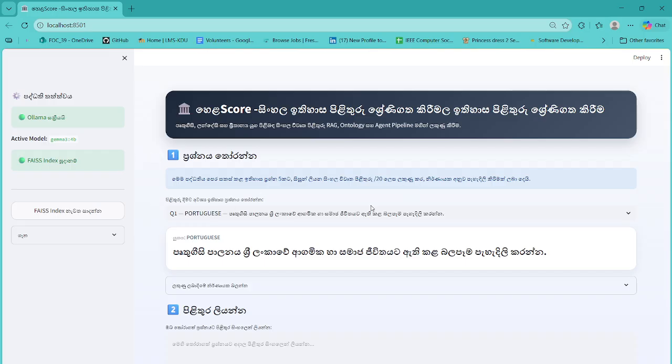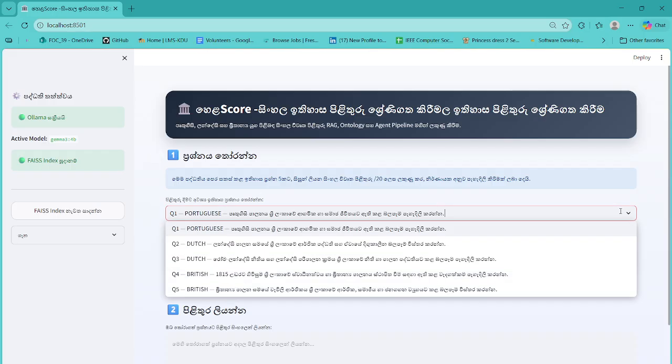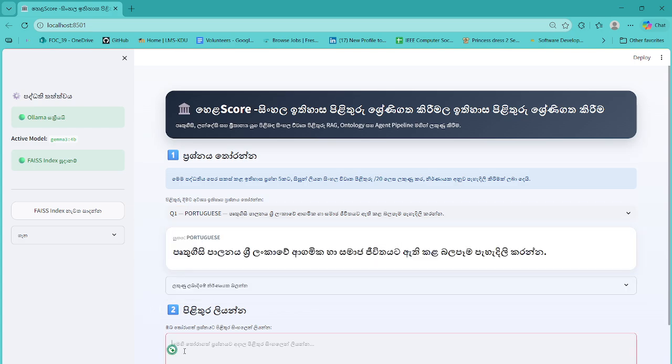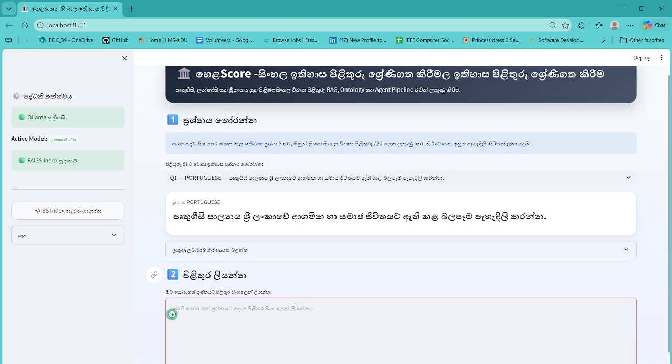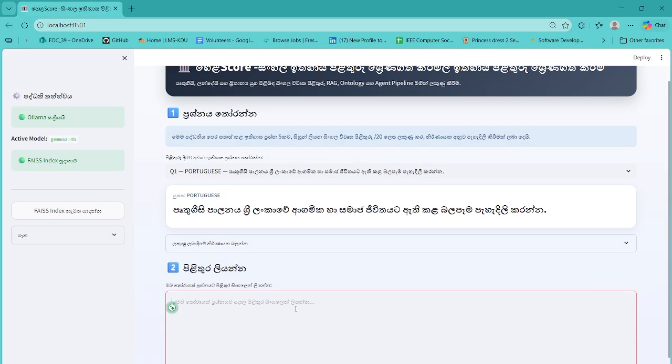A student selects one of these five predefined Sinhala history questions, and they can write an answer in Sinhala, and the system grades it out of 20 marks using a structured marking guide.